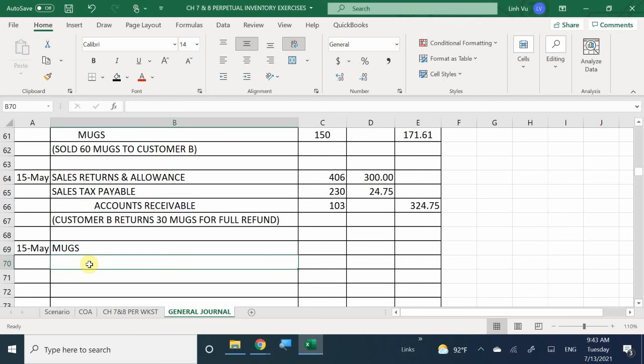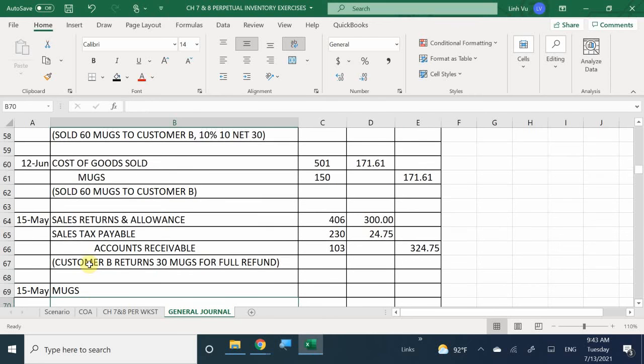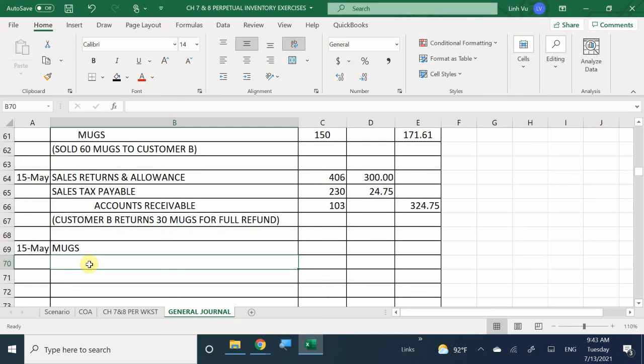So if I sold these mugs and now that I'm getting a refund, I need to refund them and return them back into my inventory. What account am I going to be taking it out of? But you sold them on account, so their account gets credited for the return, right? Right, and that's exactly what we did up here.